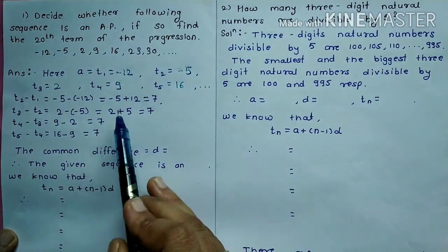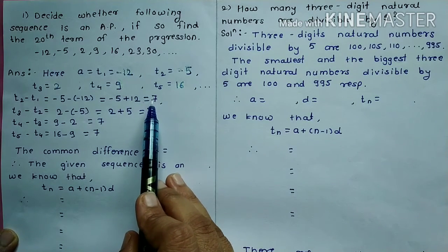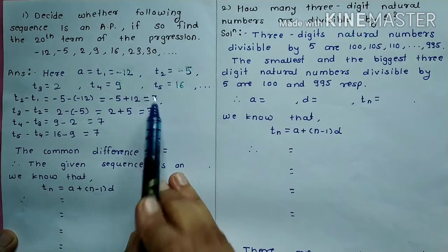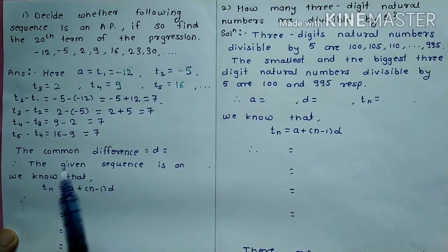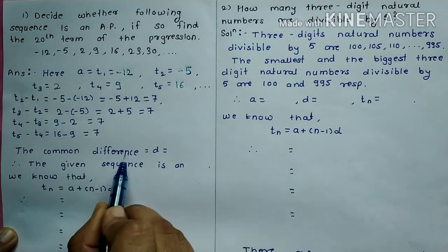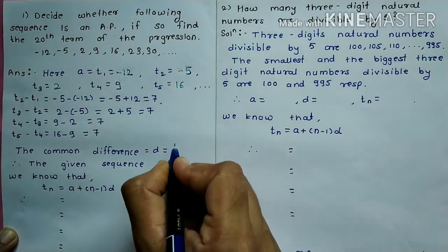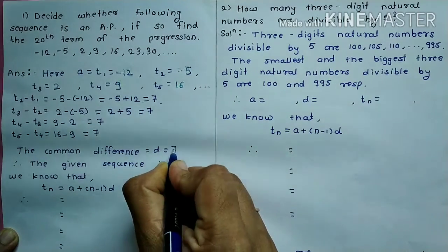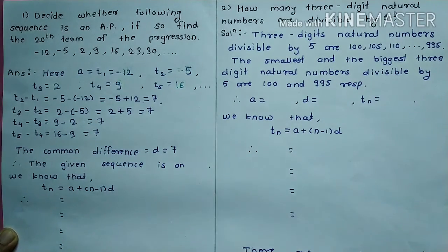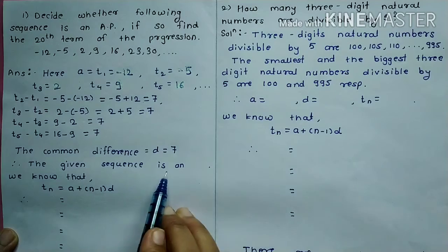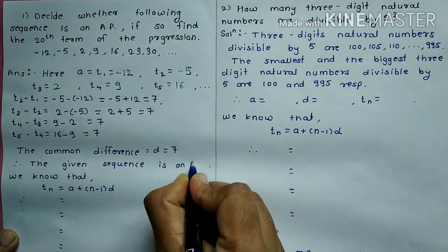Observe carefully. Here the common difference is constant: 7, 7, 7 and 7. That means the common difference D is 7, which is constant. Therefore the given sequence is an AP.